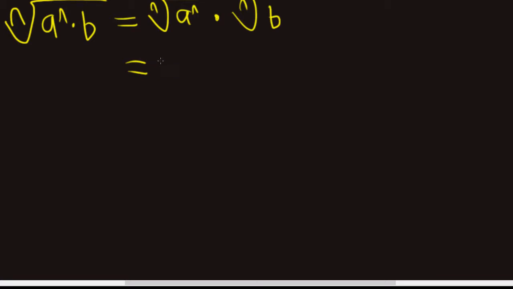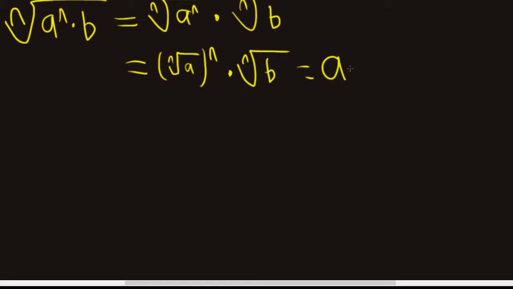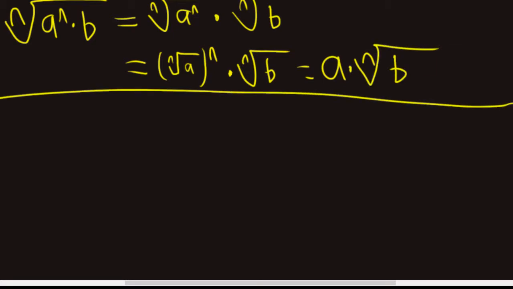That's equal to a times the nth root of b. Simple proof, but this is probably the most important proof when we're simplifying radicals. Why is that? Well, that's the basic gist of simplifying radicals.